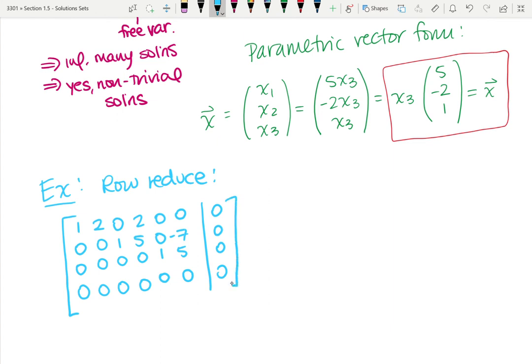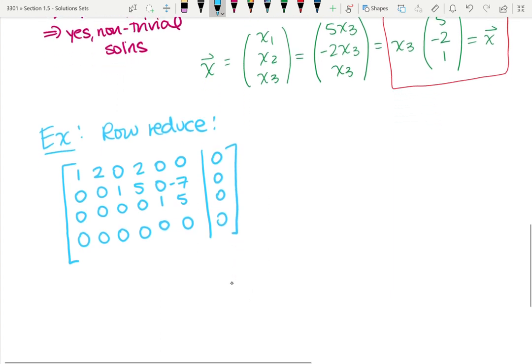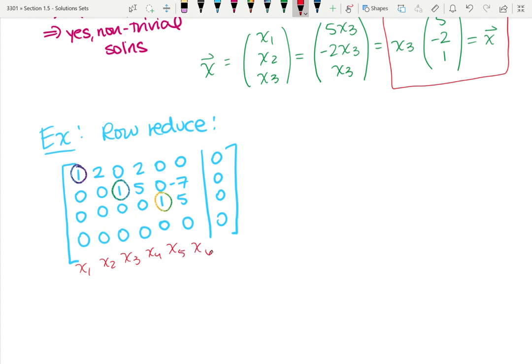All right. So here is this matrix, and it's in reduced echelon form. We have pivot, pivot, pivot. And we have x1, x2, x3, x4, x5, and x6. So when we write out our solution, it is going to have 6 entries. We need to go through and do exactly what we did before.